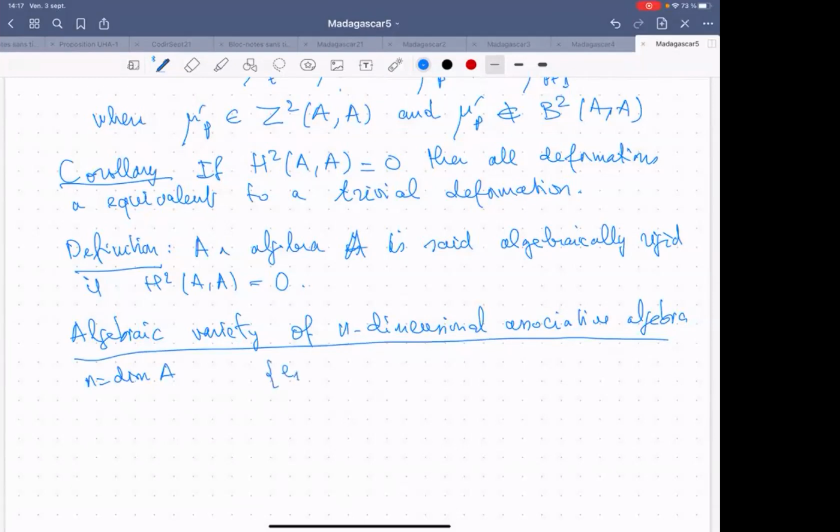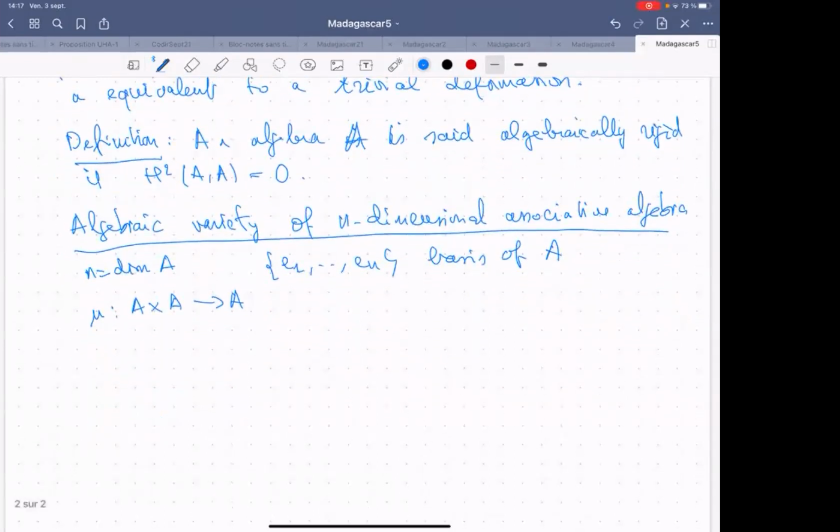Let us consider e1, ..., en to be a basis of A. And the multiplication on A, which is a bilinear map from A times A to A, is completely defined if I know it on the basis, because to get the multiplication on any element of A, it's enough to use K-linearity and get it using its definition on the basis.